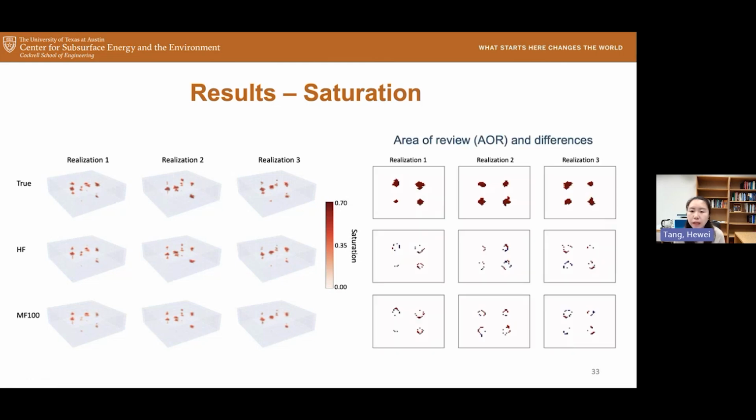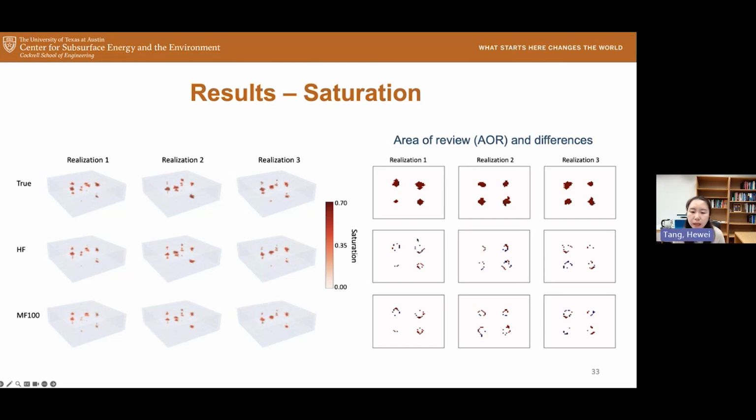And if we calculate the area of review of the simulation, the area of review is calculated by projecting these saturation plumes onto a single 2D plane and applying a certain threshold to get the area of review. So this basically tells you how your CO2 plume is distributed in space.